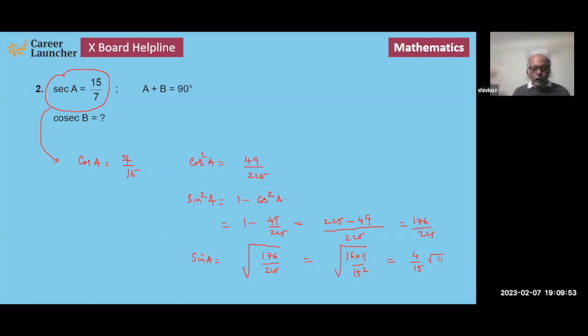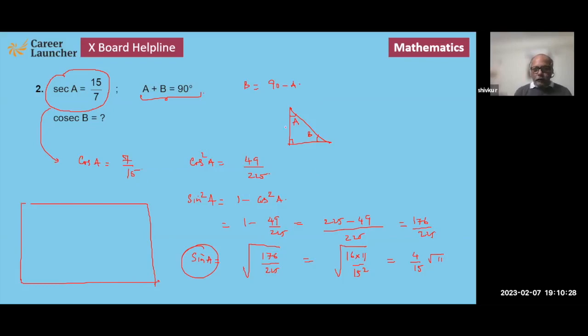Why did I find out sin A? When I take any relationship, if it is A plus B, I can write B as 90 minus A. This relationship is very important for you to remember. If you take any right angle triangle, call one angle A and the other B, we know that A plus B is equal to 90 degrees.